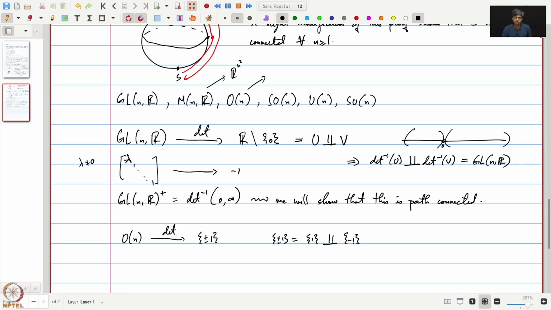So when we take the inverse image of both these open subsets, that shows that O_n is not connected.